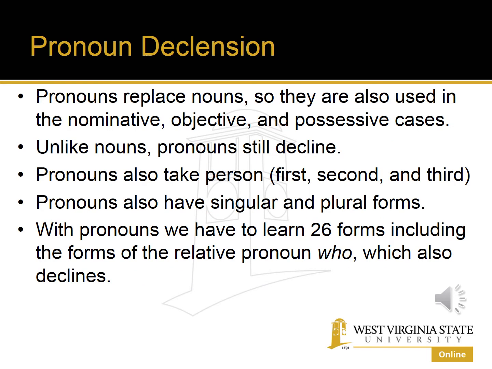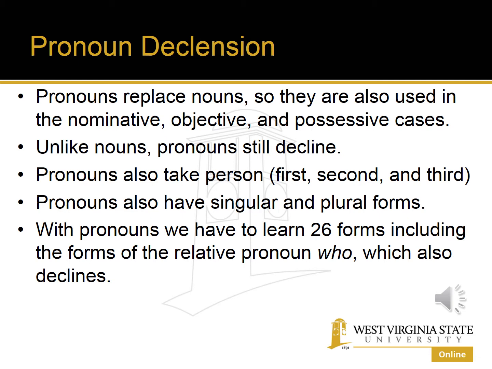The simplification of nouns in English, however, cannot be said of the pronoun. Since pronouns can replace nouns, that means that pronouns can also be used in the nominative, the objective, and possessive cases. Unlike nouns, however, pronouns in English still decline. They still change form as they are used in different cases.